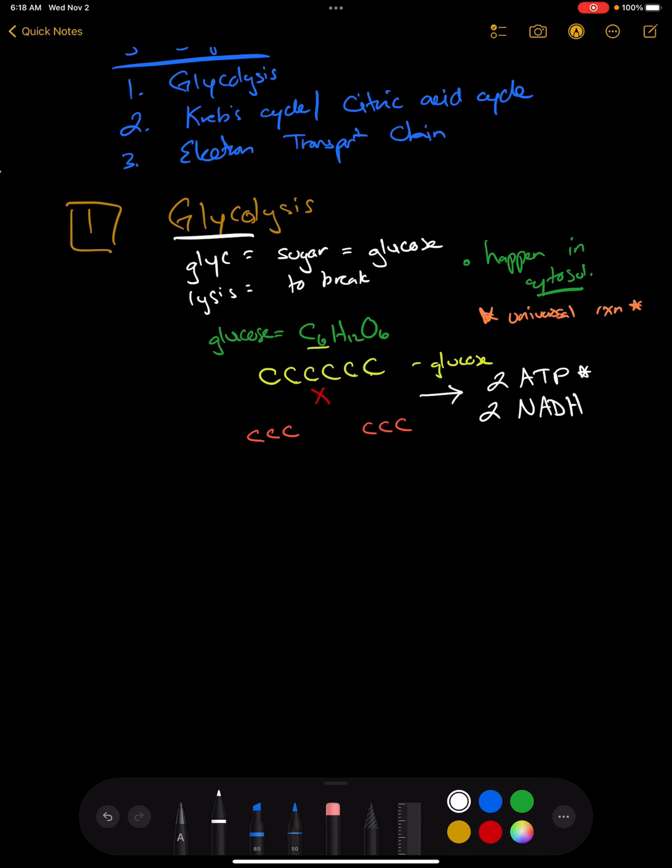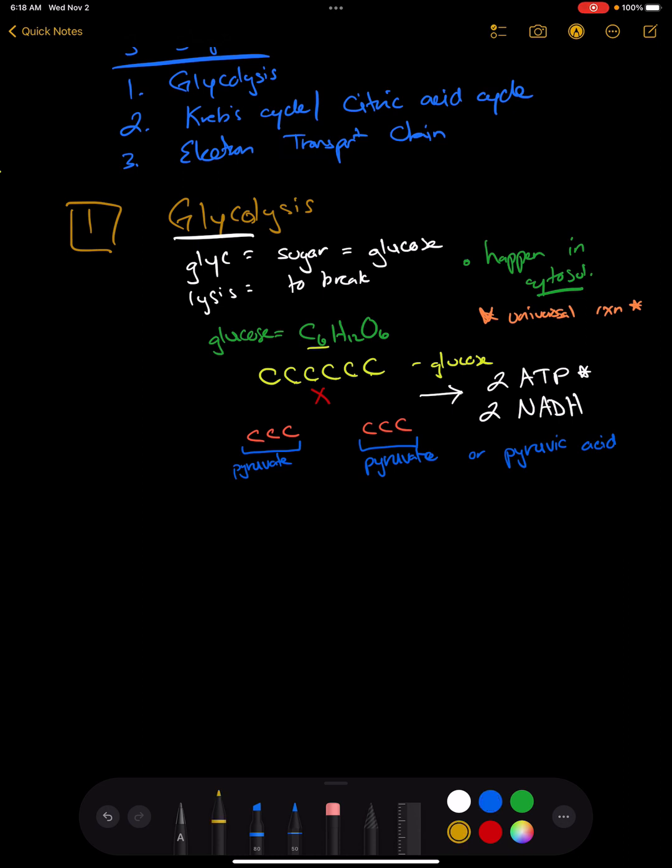But that's a good start right there. Now these 2 three-carbon molecules each have a name. These are called pyruvate, or they can be called pyruvic acid, okay?